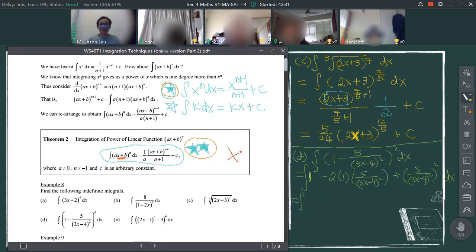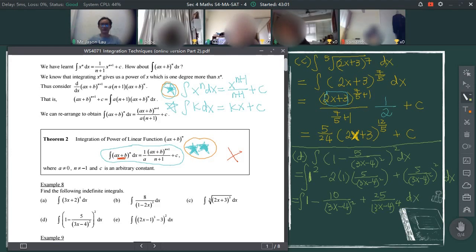Let's simplify the terms before we perform integration for each term. So it's 1 minus, then the second term is 10 over the 3x minus 4 power 2. Then the last one is a square of the term, so the top is 25, 5 squared. Bottom is 3x minus 4 power 4.